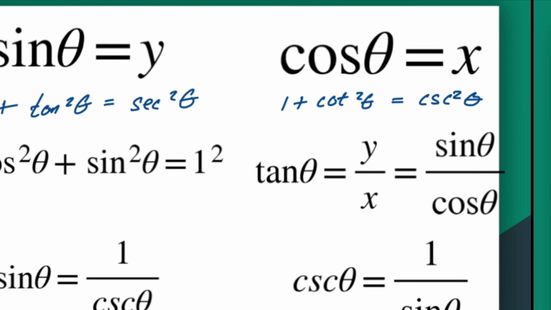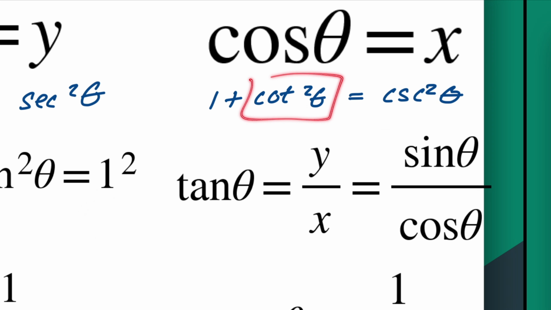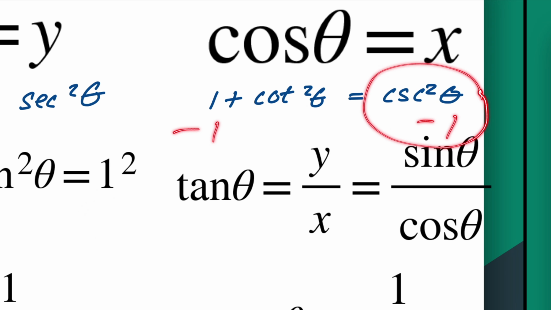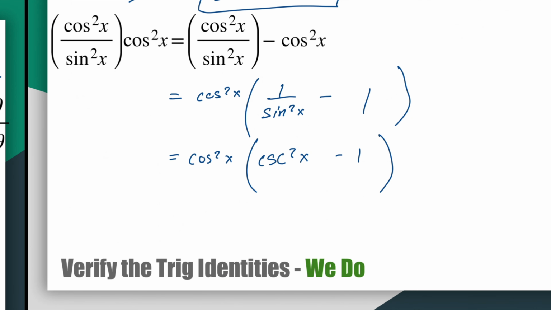If we go back up to our identities, if I solve for cotangent squared theta, I get cosecant squared theta minus 1 as an identity. It is equal to cotangent squared theta. So boom, I go cosine squared x times cotangent squared x.